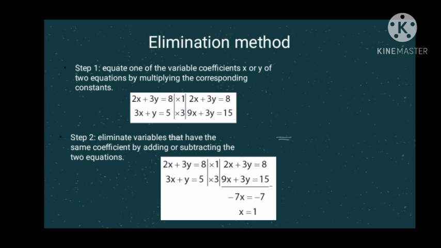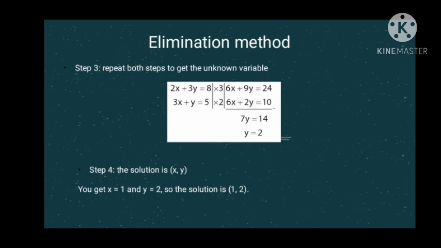We subtract the two equations to get the result: negative 7x equals negative 7. Then we get x equals 1.